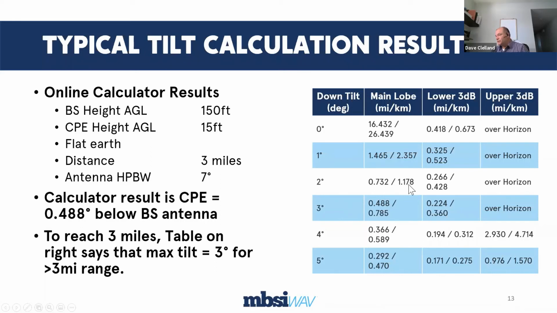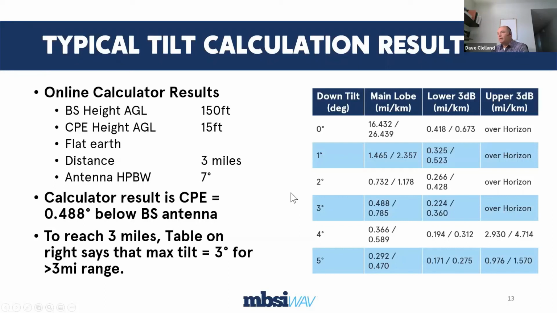So I've got 3 degrees that are built in, and I might add 1 or 2 degrees to that if I wanted to, and I would put myself somewhere in this 3 to 4 degrees total elevation down tilt in order to put the most signal in the range that I want.